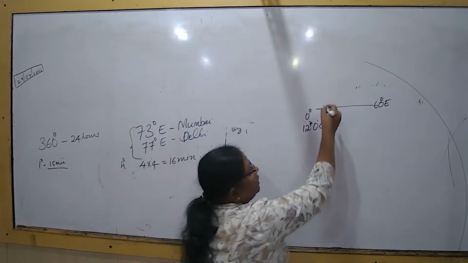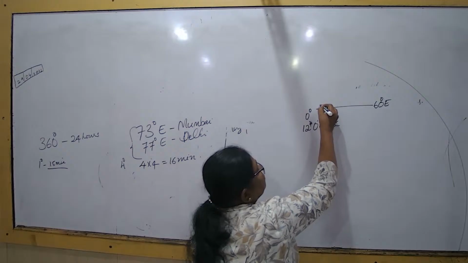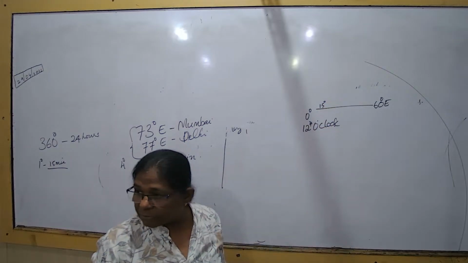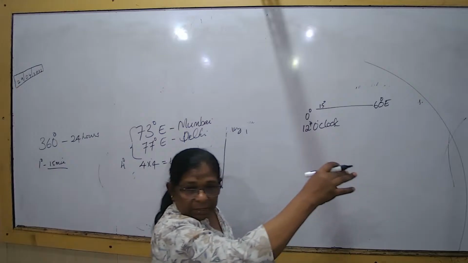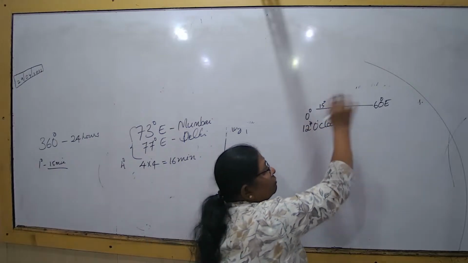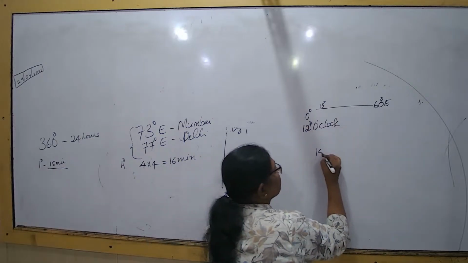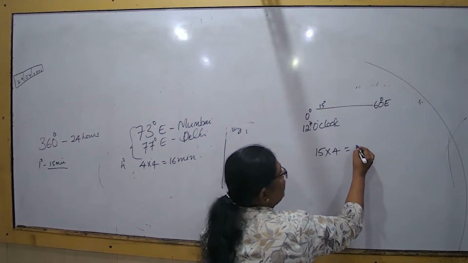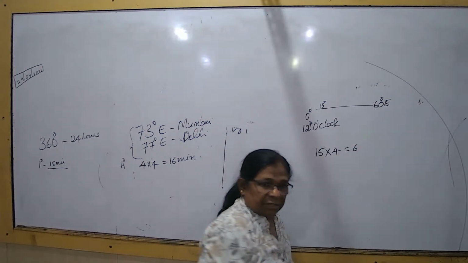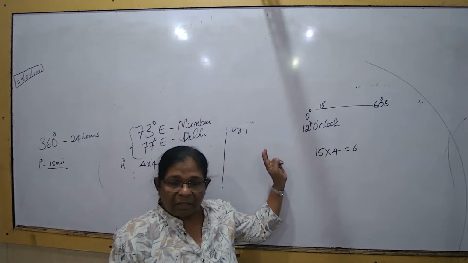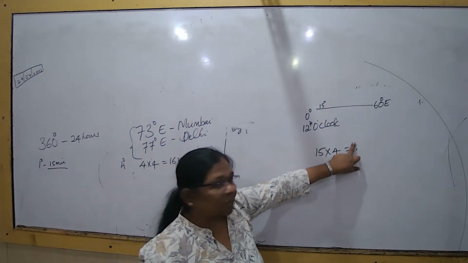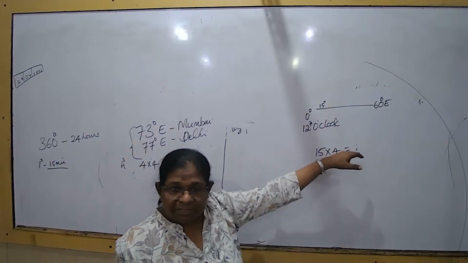In between, how many degrees are coming? How many 15 degrees are coming? 4. Okay, clear? So 15 into 4, how much? 15 fours are 60.